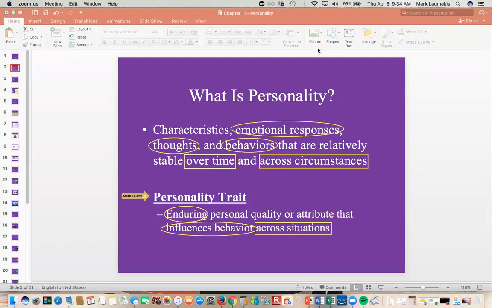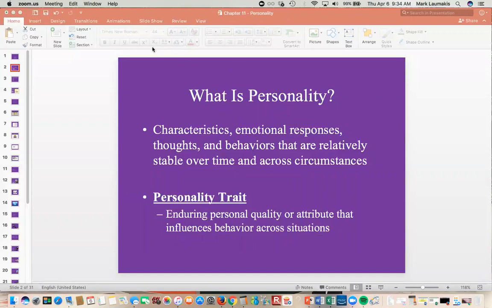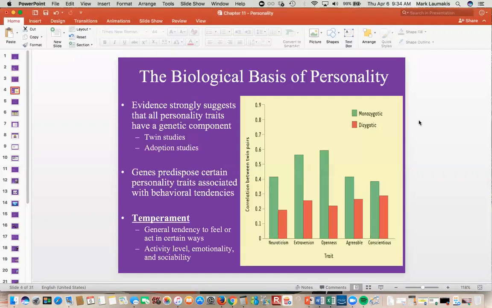So the good news is those studies have already been done, and we can very quickly and briefly summarize the results. The evidence from those twin studies and adoption studies strongly suggests that all personality traits have a genetic component, okay? Personality is genetically loaded, okay?